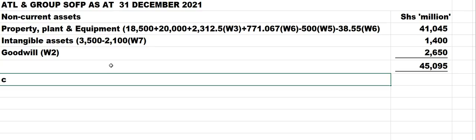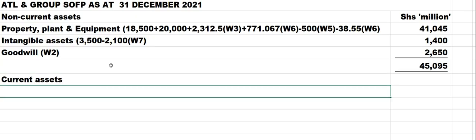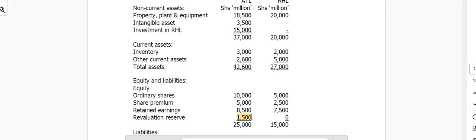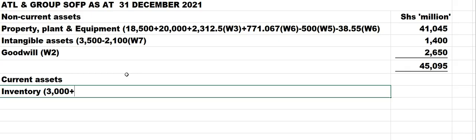We can move to the current assets. Under the current assets we have inventory. The parent has 3K, that is 3,000. Then the sub has 2,000.